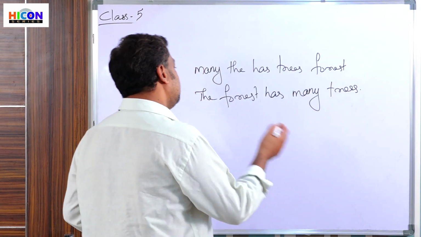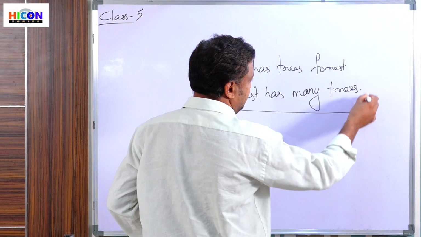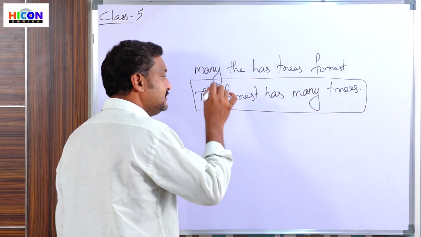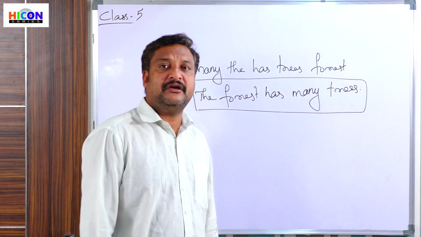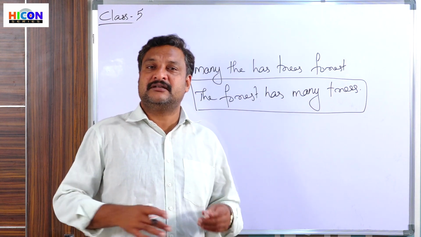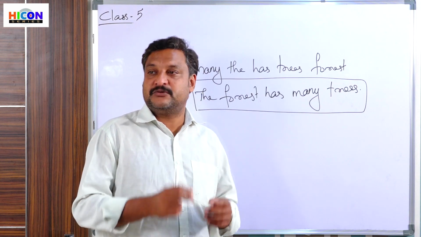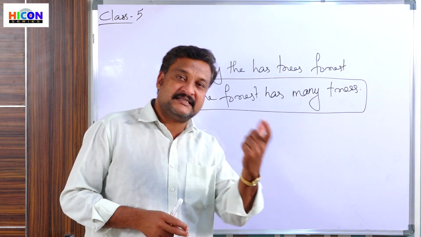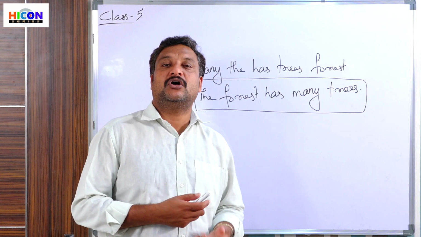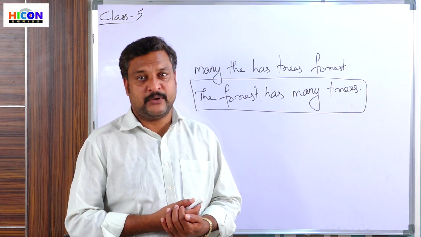Okay, so now this we can call a sentence because it has a complete meaning. So a group of words together cannot frame a sentence. A group of words together with a complete sense or a meaning is called a sentence. Right?